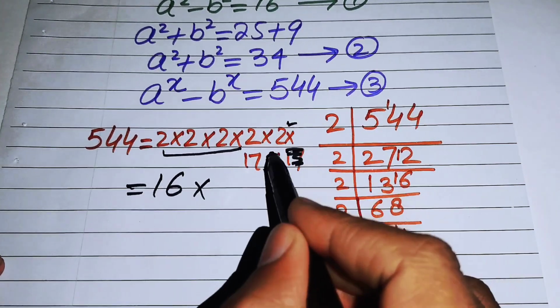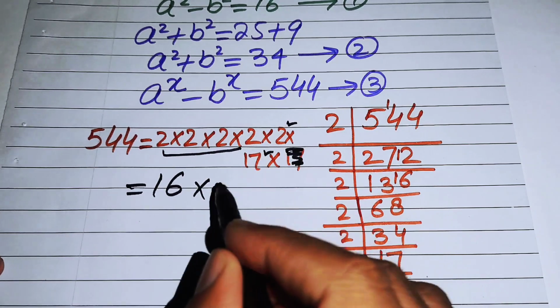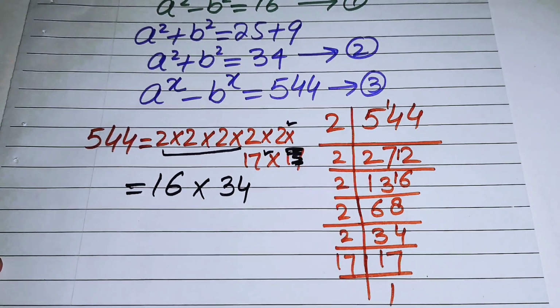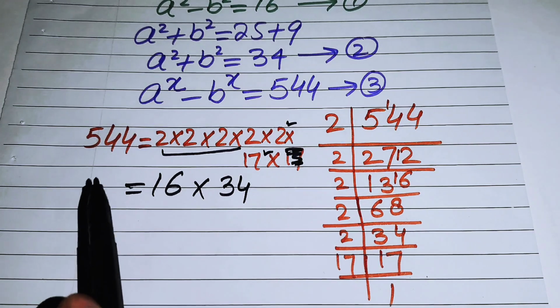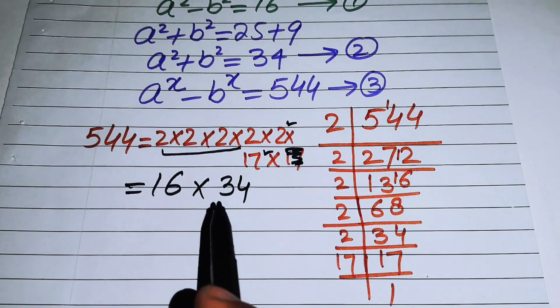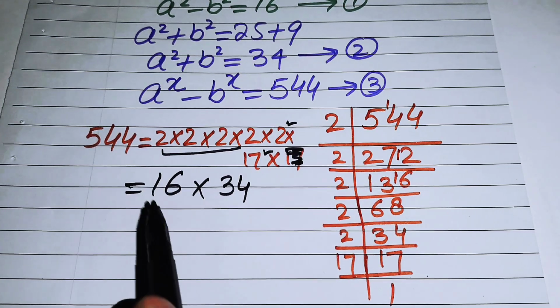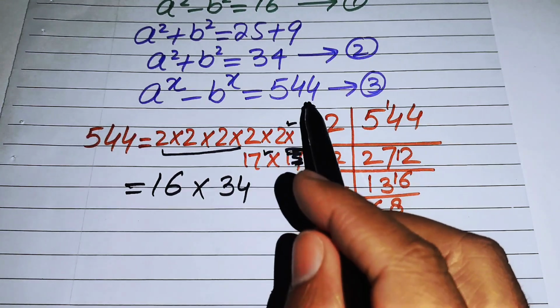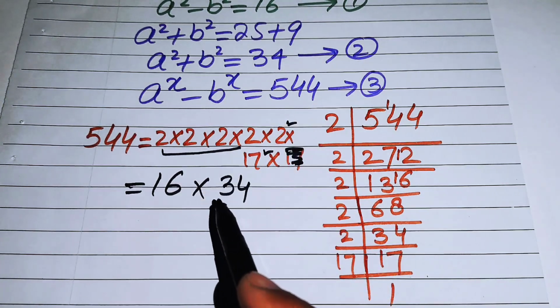Multiplying the remaining terms 2 and 17, we get 34. So it means that 544 equals 16 multiplied by 34. Now we put 544 as 16 multiplied by 34.